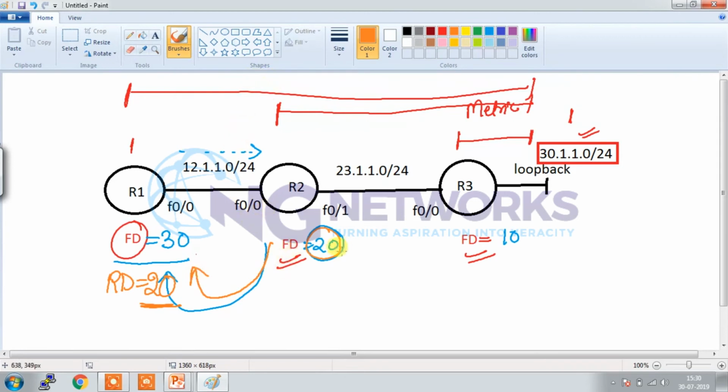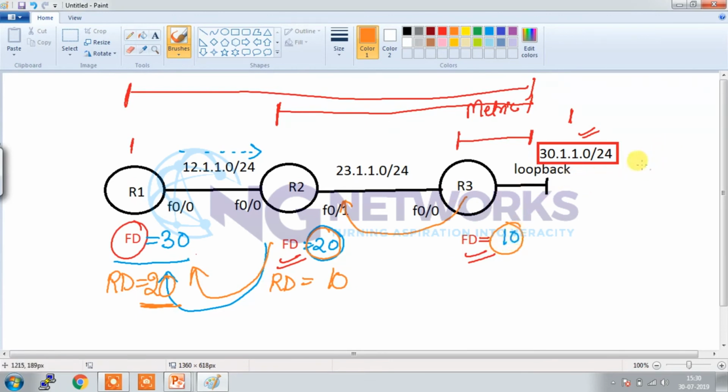Similarly, R2's FD is 20. What about the RD on R2? It is the distance reported by its neighbor, so the neighbor distance is 10. That will become R2's RD. Now what about R3? R3's FD is 10. What about R3's RD?